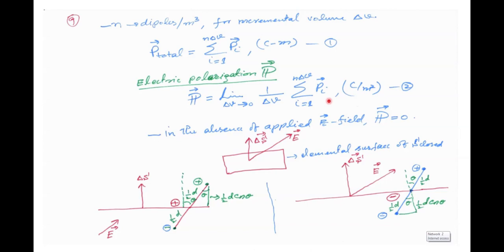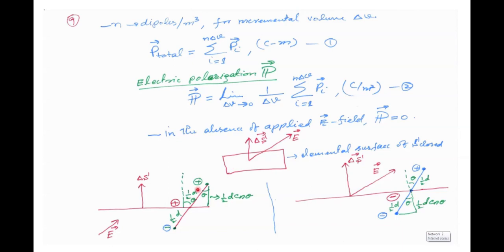But when an electric field is applied to that sample, all the dipole moments are aligned in the direction of the applied electric field. In order to modify the D field and hence modify Gauss's law for free charges, let us consider an elemental surface of the closed surface.